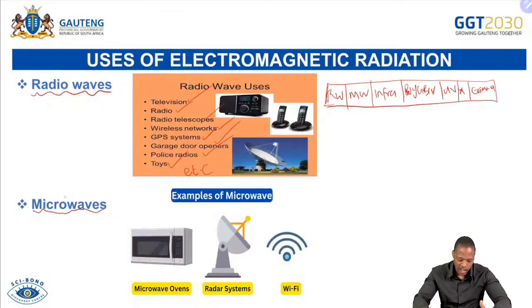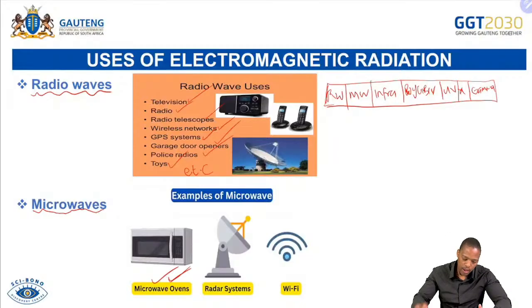Those are actually microwave ovens. They are called microwave ovens because they function using microwaves. Microwaves are a form of light. It's an electromagnetic wave. So microwaves are used in microwave ovens.